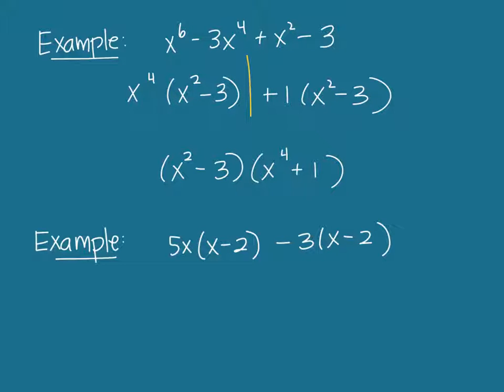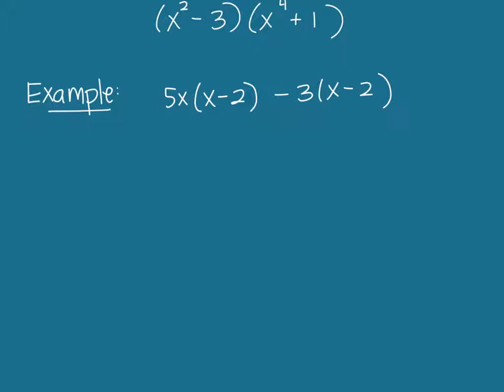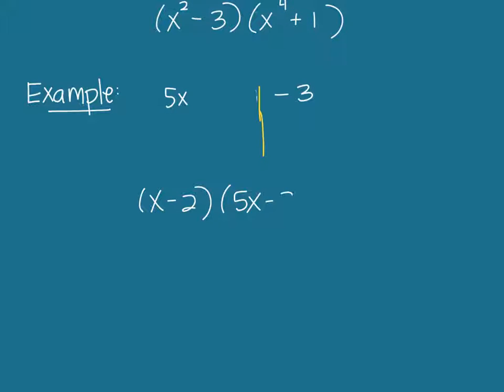The split factoring method, splitting it right down the center, still works. Okay. What do the 2 sides have in common with each other? They both have an x minus 2. If I take the x minus 2, which is the common factor, away, and look at what I'm left with, all I'm left with is 5x minus 3, and that's the answer.